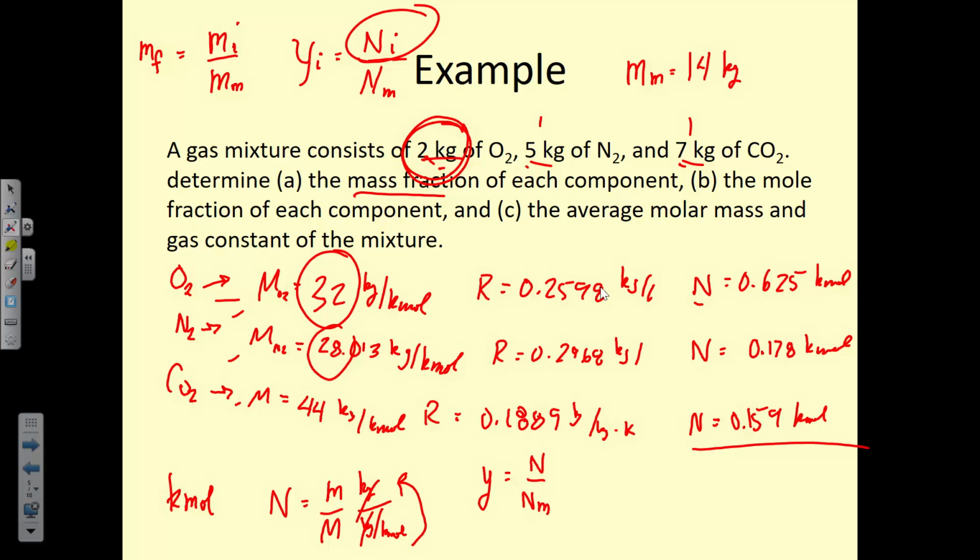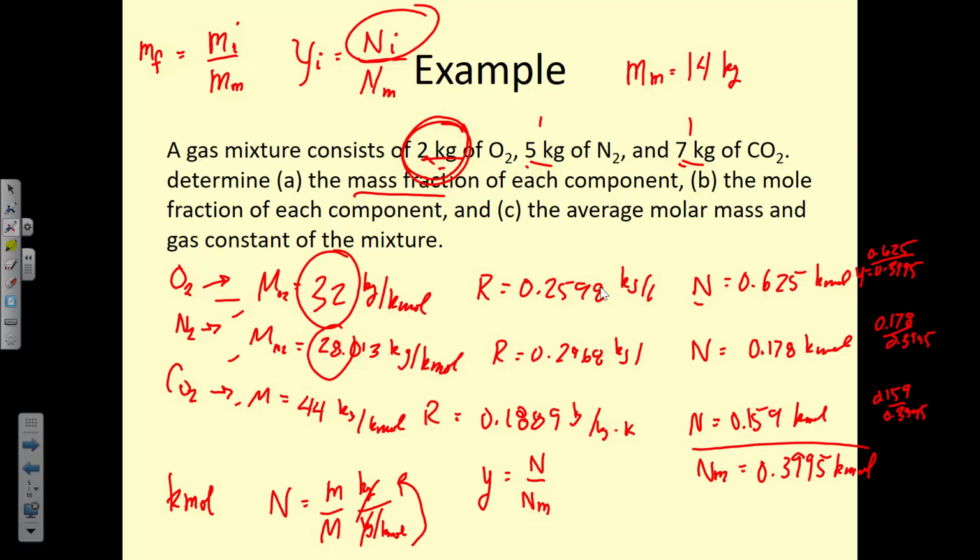So if we add up all of these moles, the molar number of the mixture will be equal to 0.3995 kilomoles. So then we find our molar fractions by dividing this 0.625 over 0.3995 and 0.178 over 0.3995 and 0.159 over 0.3995.